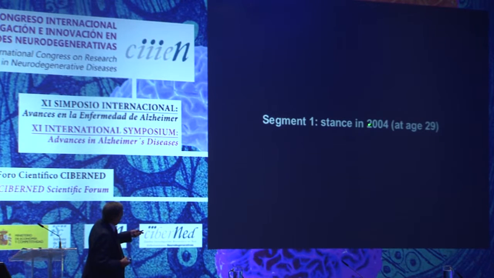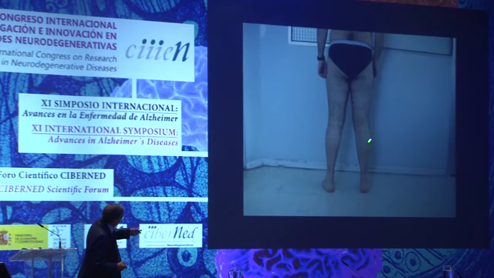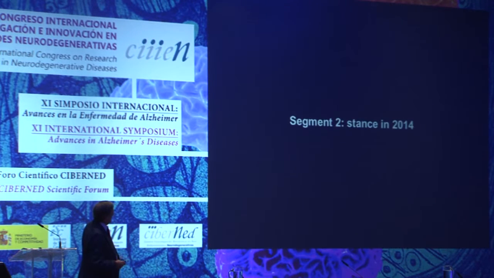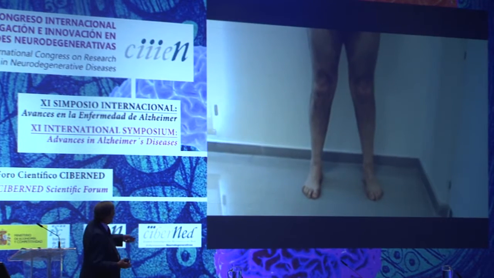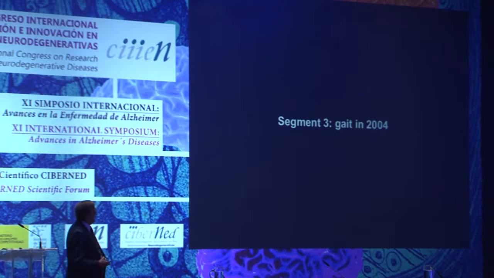Here he is at age 29. You see mild peroneal muscular atrophy. In 2000, the appearance is not very impressive. You see mild lower leg atrophy, but now see the gait.